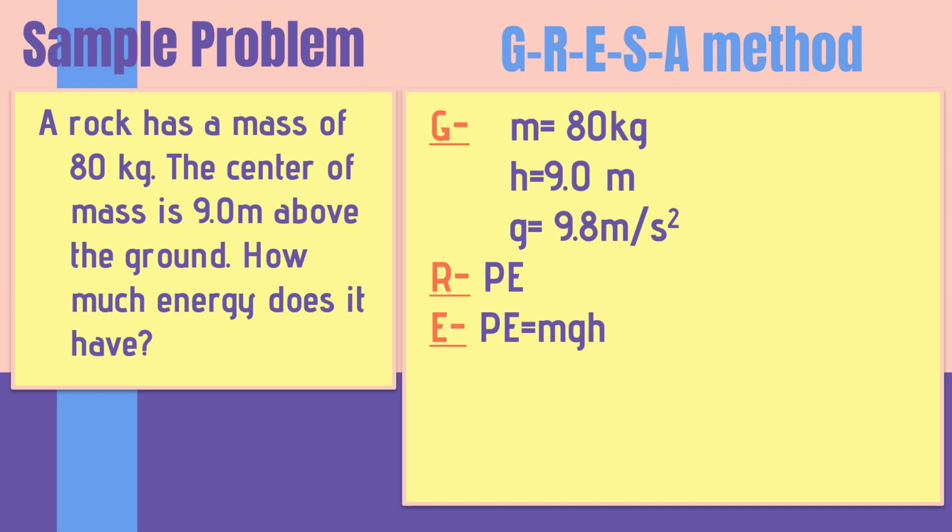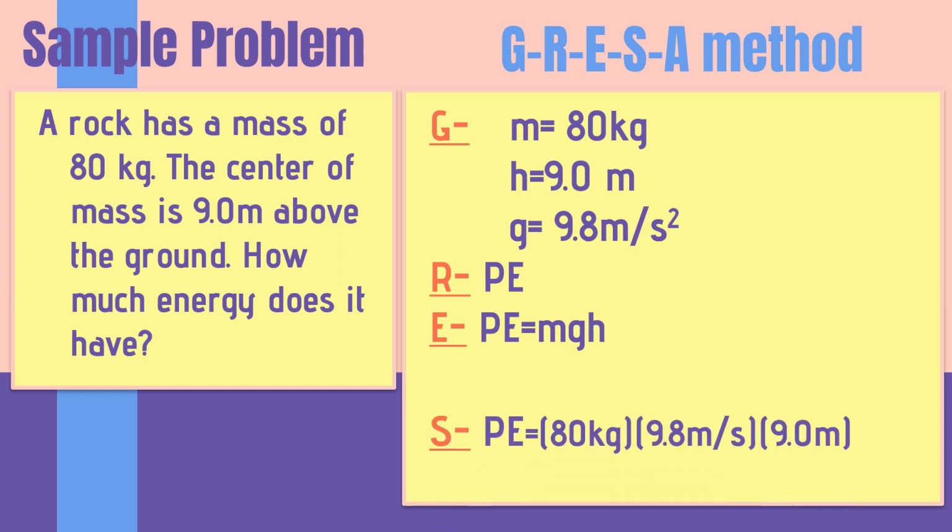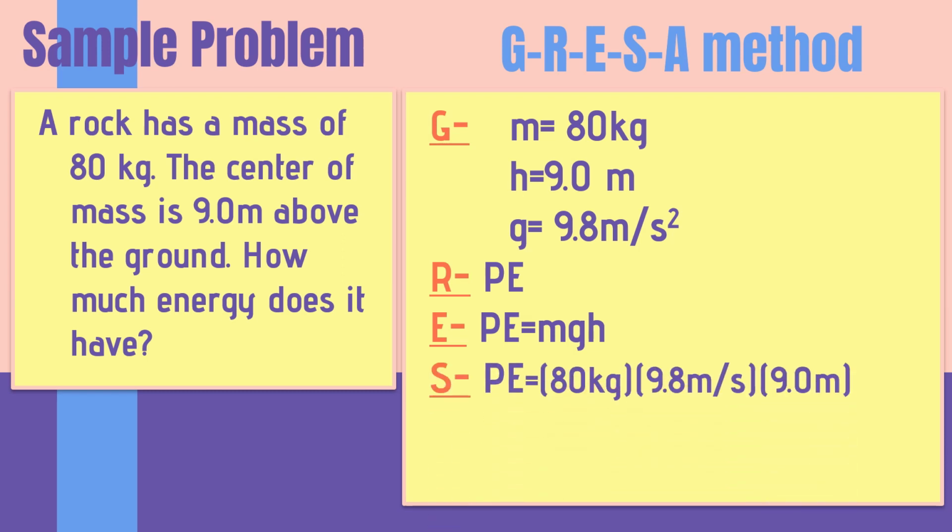mgh. Next in the GRESA method is the letter S, which stands for solution, and so we're just going to distribute the given to the equation, in which PE is equals to 80 kilograms multiplied by the gravity of 9.8 meters per second squared multiplied by the height of 9.0 meters.